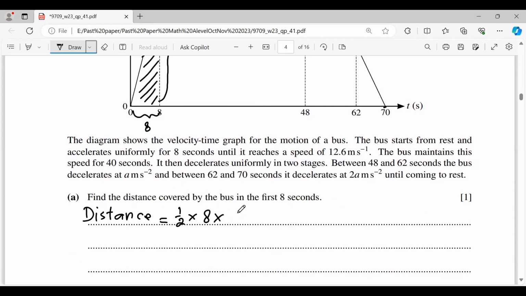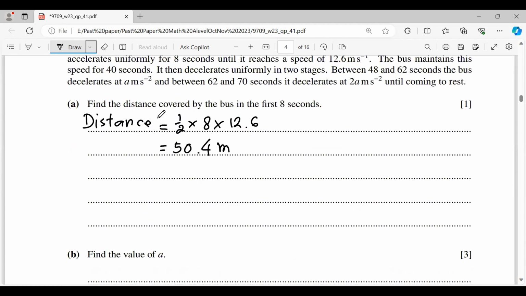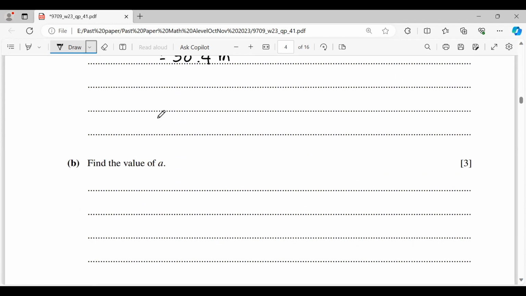So half times 8 times 12.6, I'm going to calculate, 50.4 meters. So the distance from the origin to here is 50.4 meters.